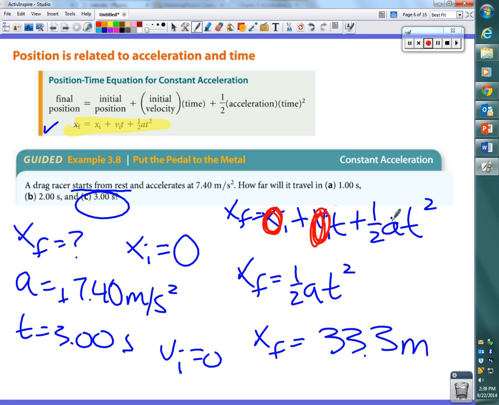And technically, because we chose the acceleration to be positive, this final position would be on the positive side of whatever starting point we picked. Good?